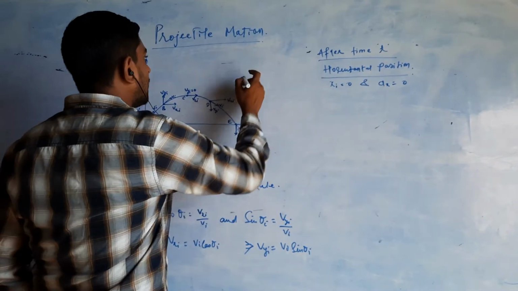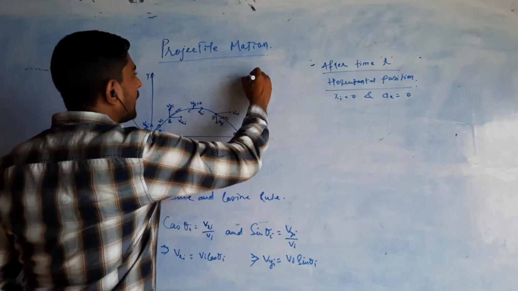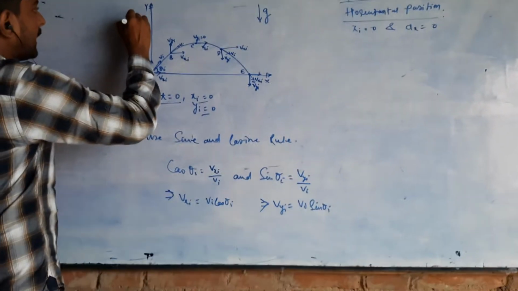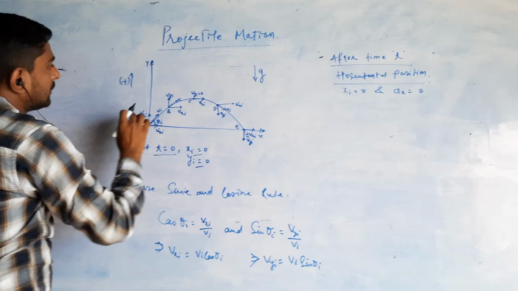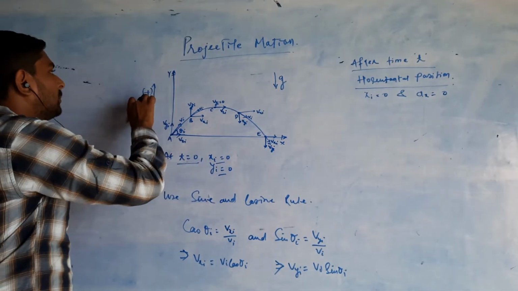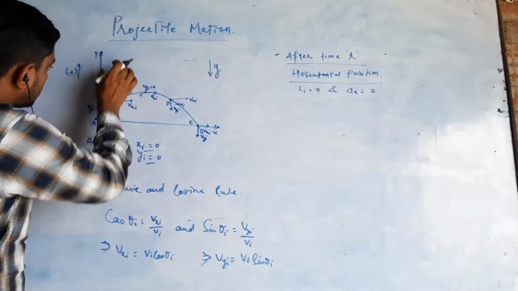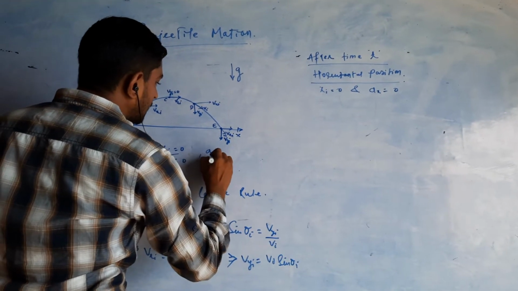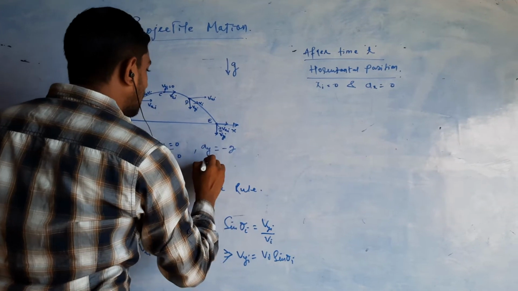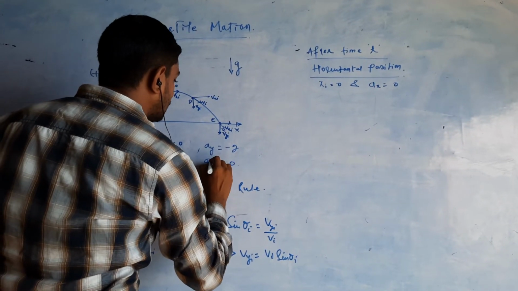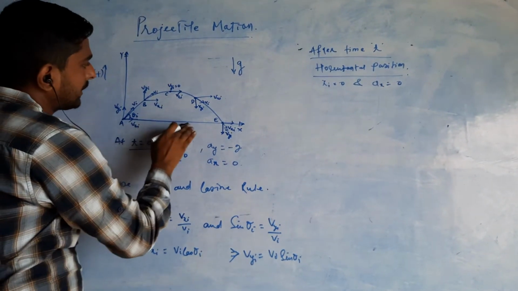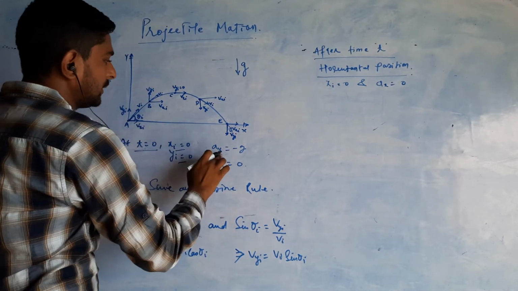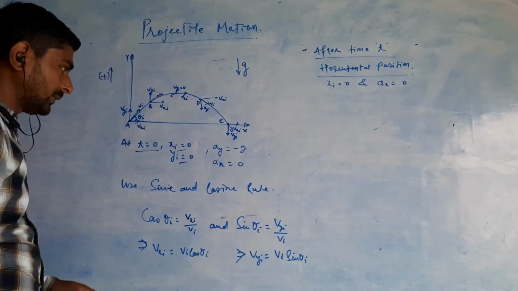The acceleration is acting just vertically downward. If we take the vertically up y direction as positive, then ay is minus g, and the acceleration in the x direction is 0, because there is no acceleration acting in the horizontal direction.